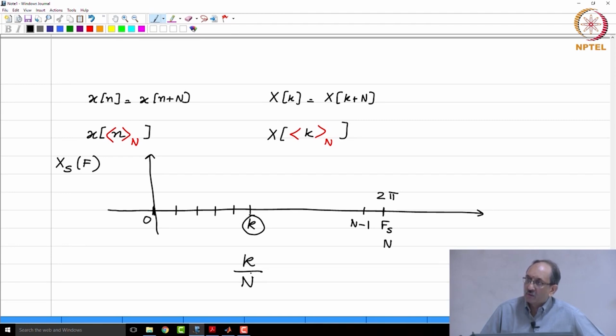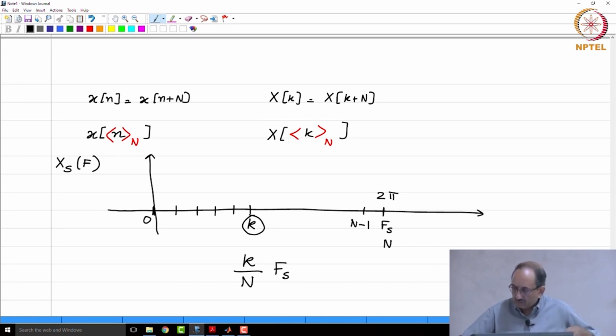You need to multiply by Fs. Hence if you take the kth DFT bin index, and want to know what frequency it corresponds to, divide by capital N and multiply by Fs, and this will give you that bin index's true frequency location. So, this is how you convert bin index to true frequency. Everything is consistent with what we have seen so far.